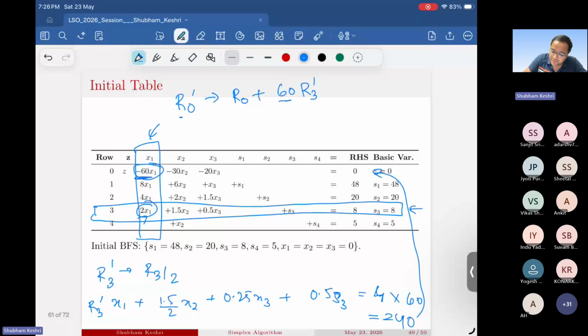For row 0, you just did row 0 plus 60 times row 3 dashed, and you made the coefficient of x1 in that row 0. Similarly, you will do it for row 1, row 2, and row 4. Once you do that, you have the next table. Is it clear? Whoever was asking that question?